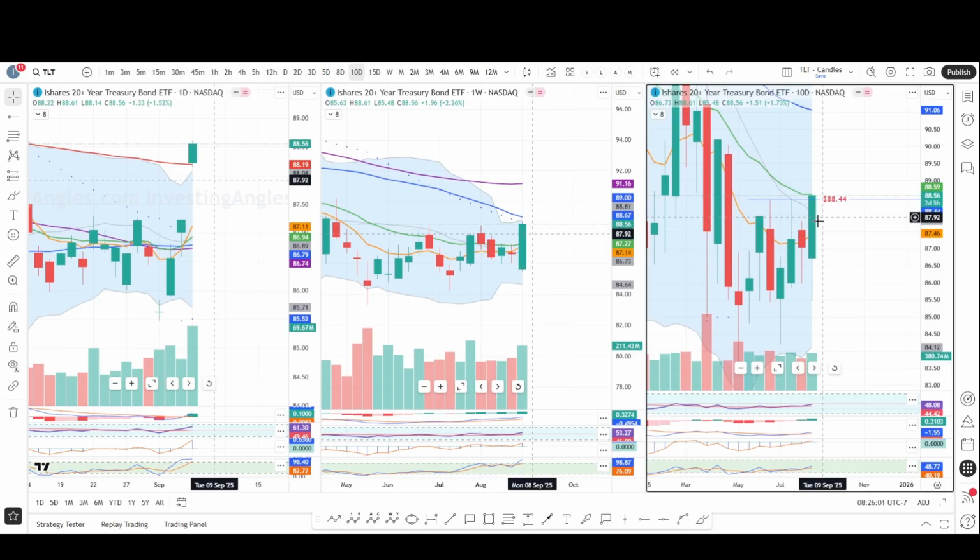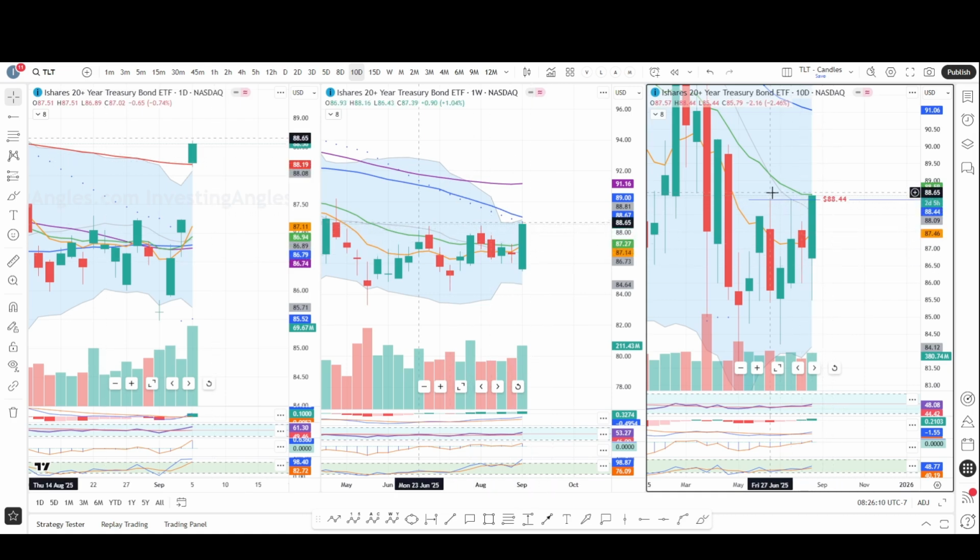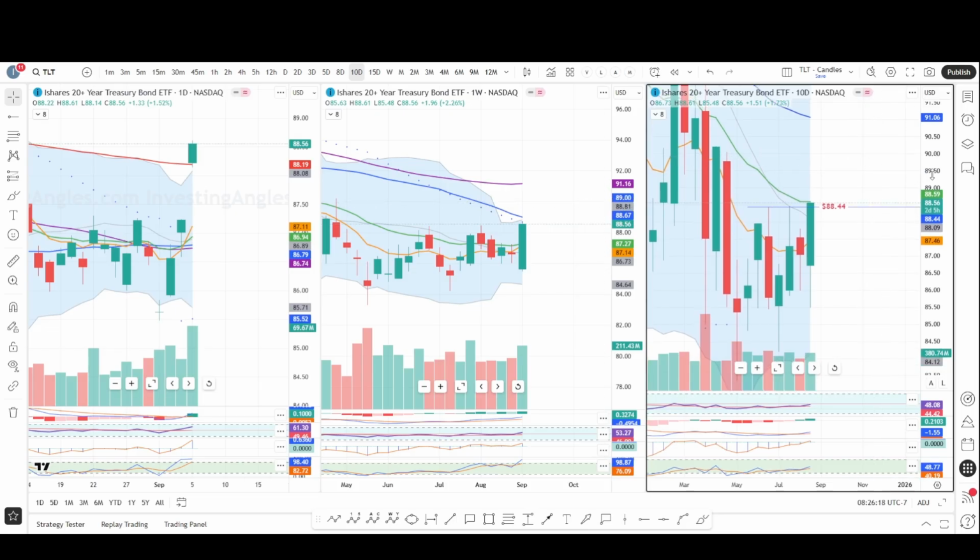If it closes above 88.44, it means that there is a good chance for forming a bottom on this large frame, and TLT would open a path to move higher.